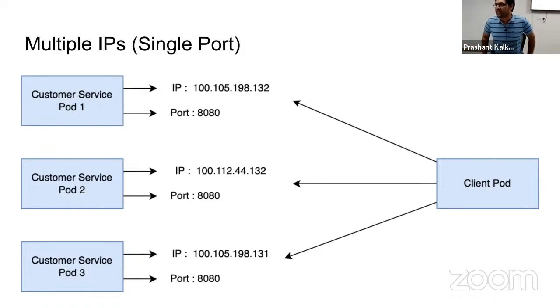If I say you need to use all 3 of them, then it's a headache for the service to do round robin or some kind of thing. And if you put in auto scaling, how does it know which pods to communicate with? If my pod goes away and I replace it with a new one, I might end up with a different IP. So that is also not going to work. All kinds of issues are there.